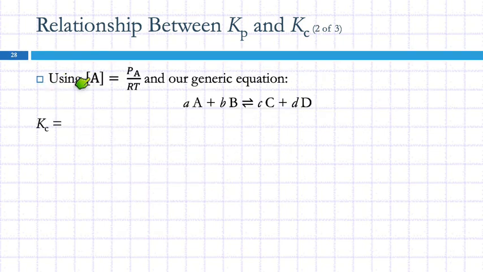So we could say that the concentration of A, which is N over V, is equal to the partial pressure of A divided by RT. So we could write the equilibrium constant in terms of concentration from this generic equation. So what would that be?